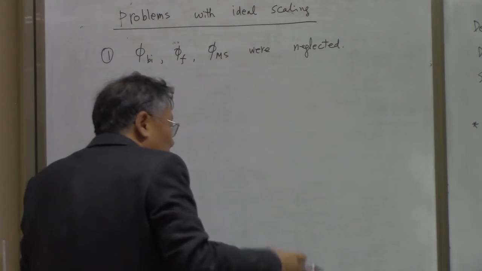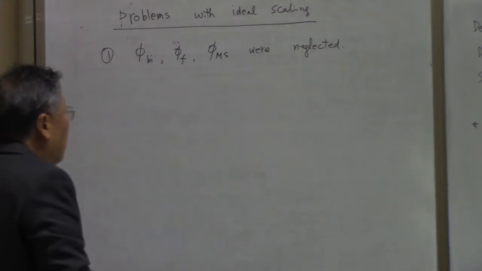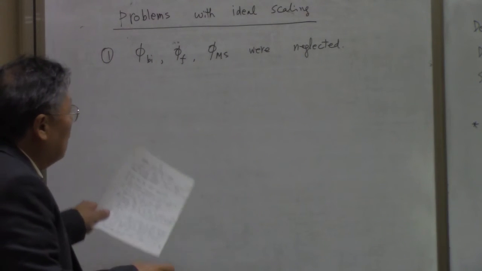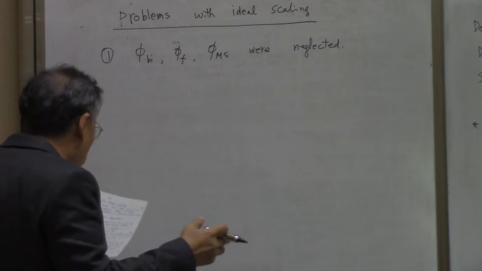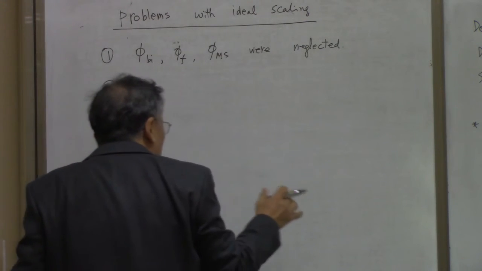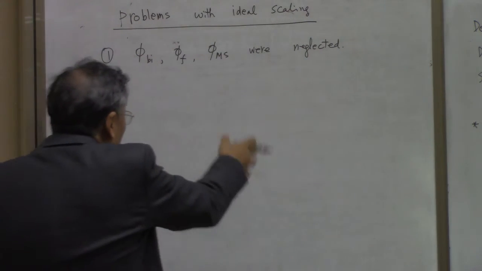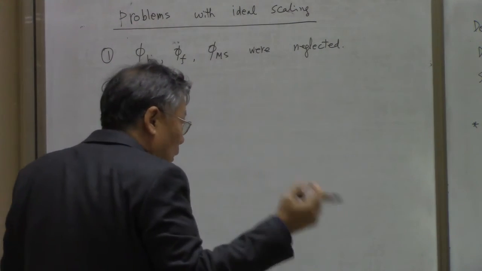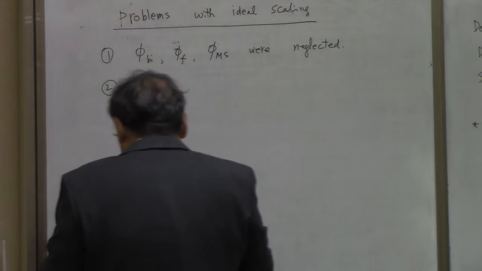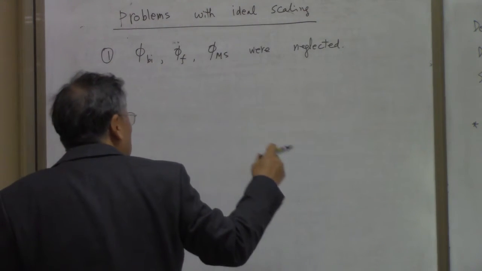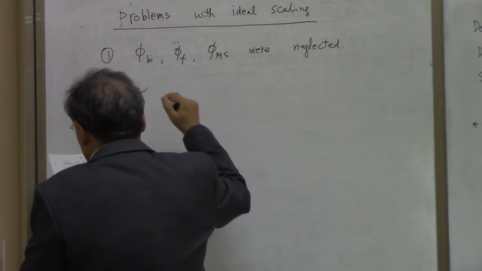But if you scale down the device more and more, the change in these values is going to be important, maybe. So we have to find a way to implement those changes in the scaling law, okay?